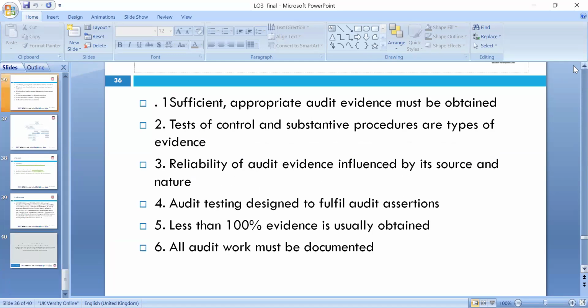Those are sufficient and appropriate. We need to test the control, the type of evidence, reliability, and audit testing designed to fulfill the audit assertion. Unless 100% evidence is usually obtained, all the work must be documented.